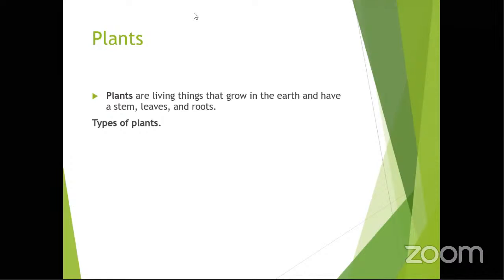Yes, Stacy. Non-flowering plants. Good, non-flowering plants, as simple as that. So plants are categorized into two types: the flowering plants and the non-flowering plants.